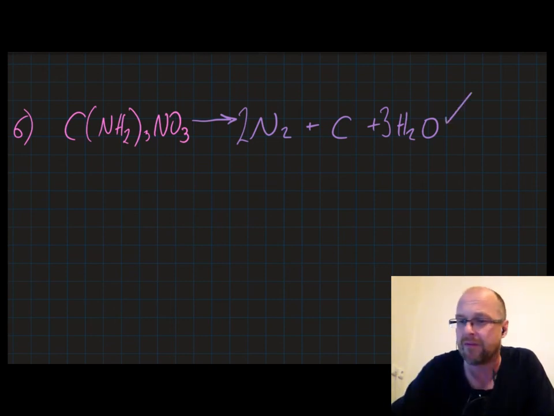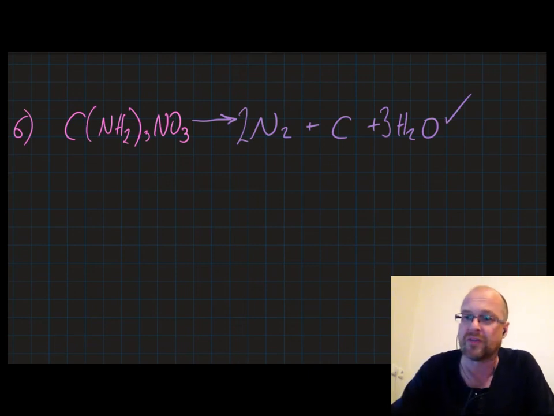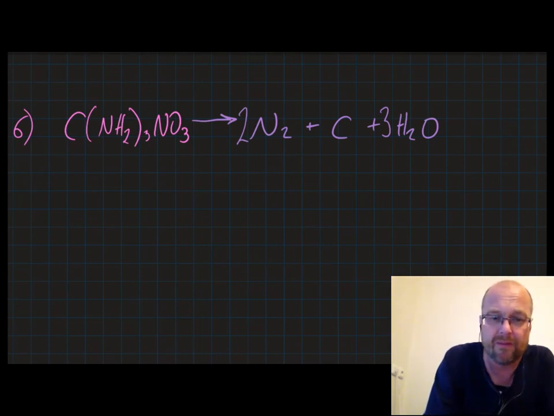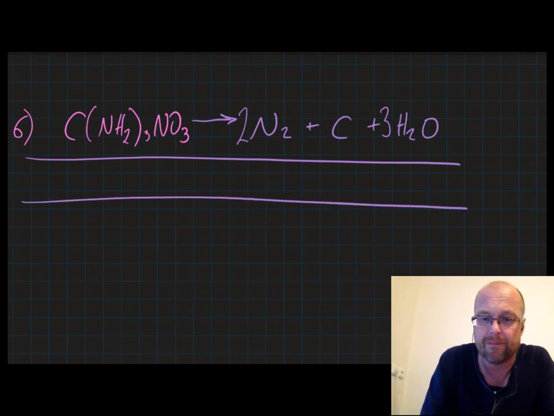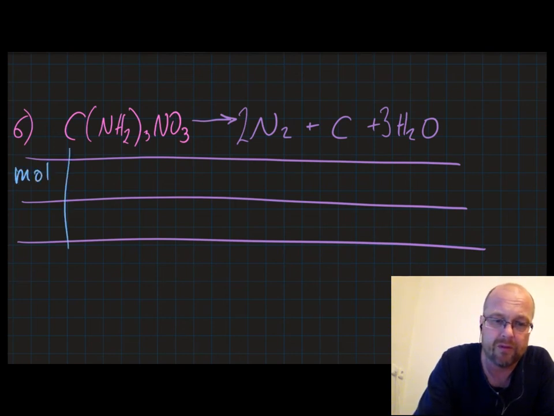For 1 point, balanced equation. Now you've got to do a little bit of stoichiometry. Okay, we can handle that. So we're going to do the boxes method. So I've got moles, mass in grams, and molar mass in grams per mole.